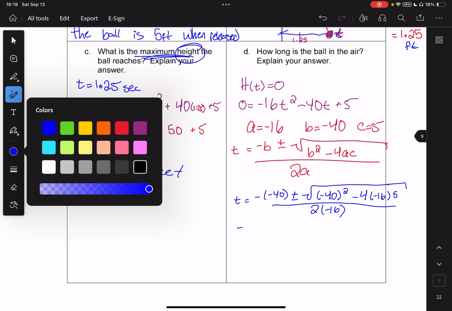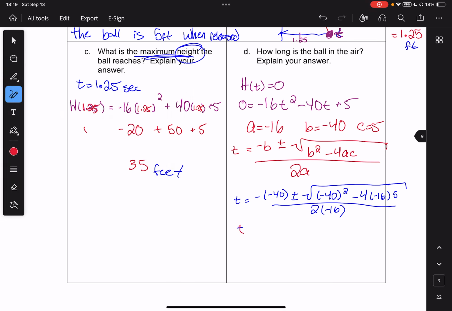T is equal to, negative times negative 40 is positive 40, plus or minus the square root of 40 squared minus 4 times 16 times 5. This all simplifies to 1,920, big number, all over 2 times negative 16, negative 32.